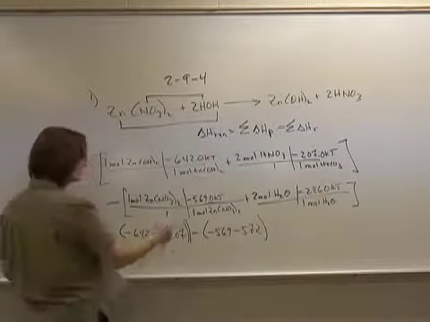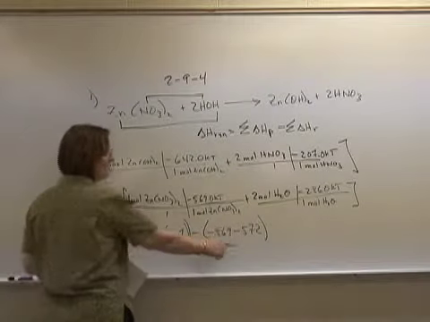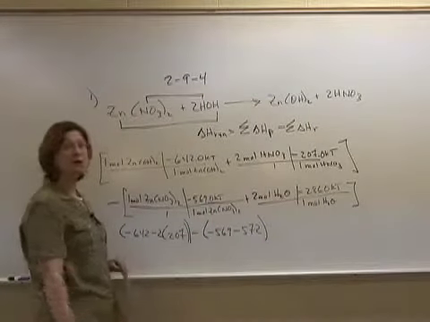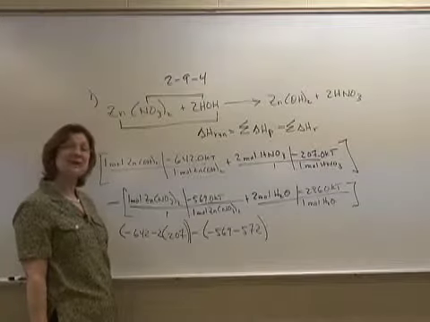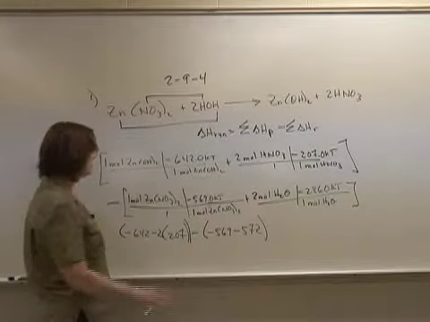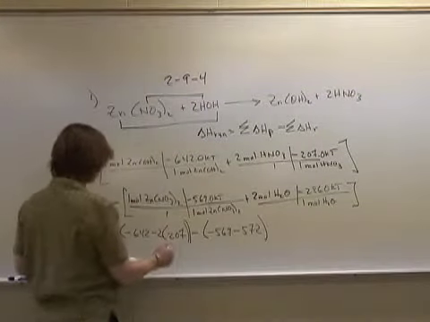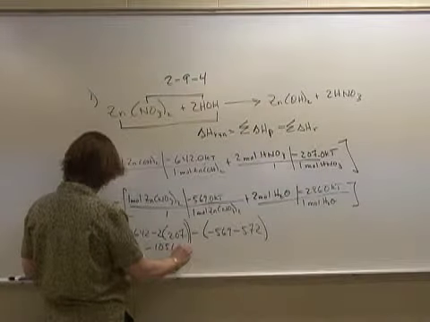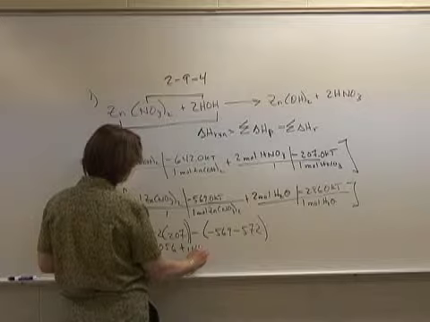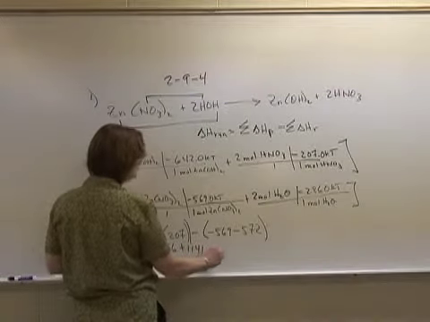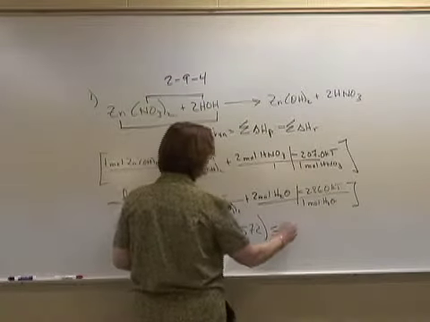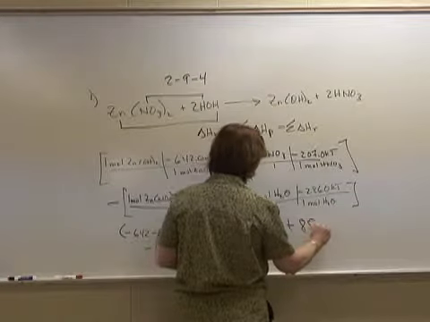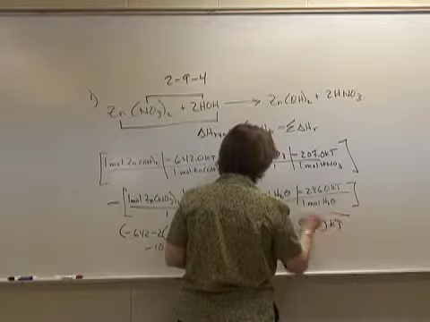Sometimes it's valuable to do this number and then add this number to it, because we can often make mistakes in the signs in our math. So to avoid that problem, I have minus 1056 plus 1141, and my answer I'm going to write over here is plus 85.0 kilojoules.